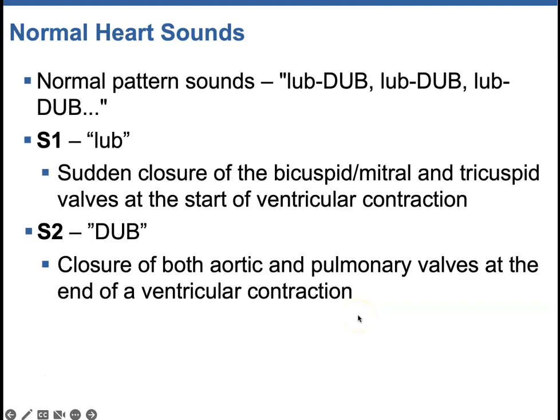All right, so in terms of heart sounds, what are the valves doing? We've talked a lot about the valves and where they're located and what they do. When you listen to the heart, you hear this little lub-dub pattern. The first one that you hear, the first heart sound, which is called S1, is the closing of the bicuspid and the tricuspid valves. Remember, the bicuspid is also known as the mitral.